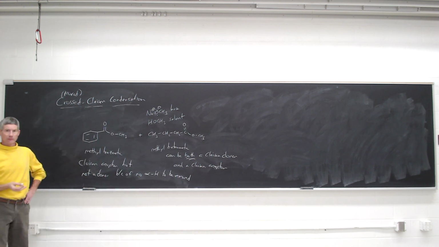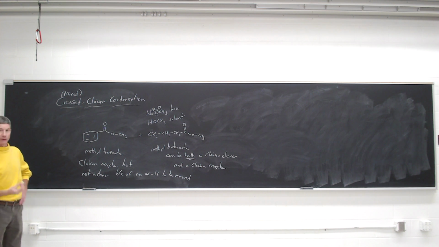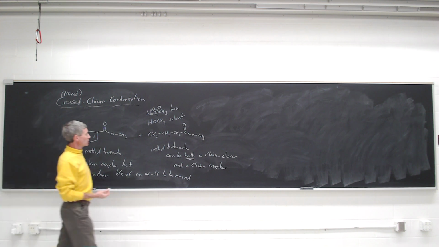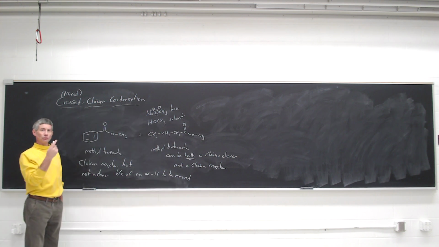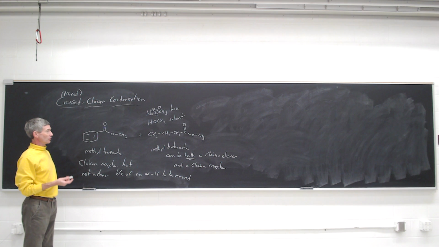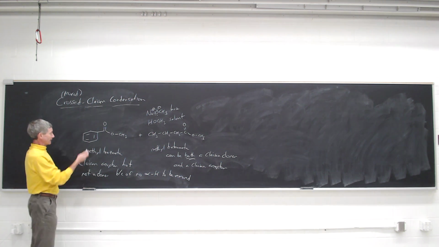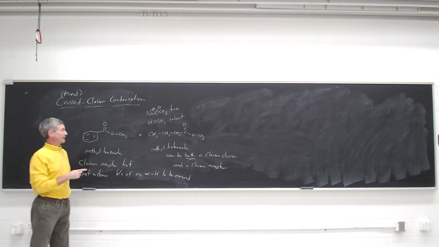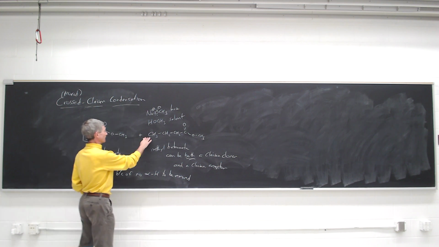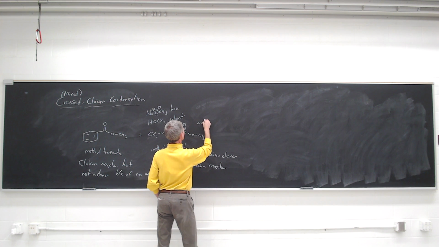And like the aldol condensation, when we did a crossed aldol condensation, we want to make sure that when we form this enolate, it's not likely to see another methyl butanoate molecule. It's likely to see just methyl benzoate. So we're going to want a solution of methyl benzoate and base, and then drip this one in slowly.